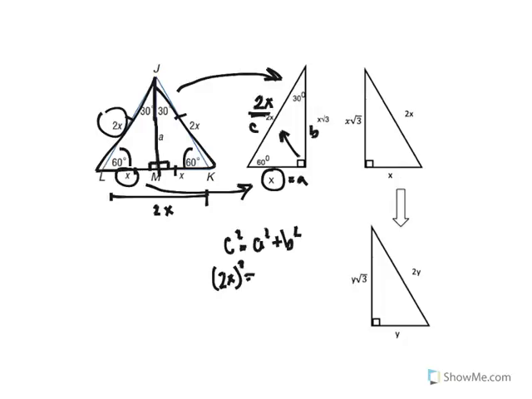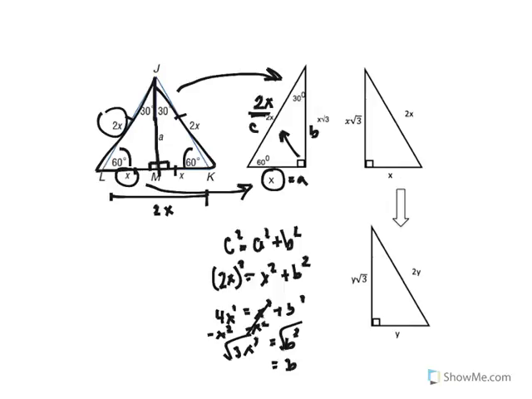So we get (2x) squared equals x squared plus b squared. So we solve here, we get 4x squared equals x squared plus b squared. Subtract x squared here, subtract x squared here. We get b squared equals 3x squared. Square root, I get b equals x square root of 3. And that's what this is here, right?